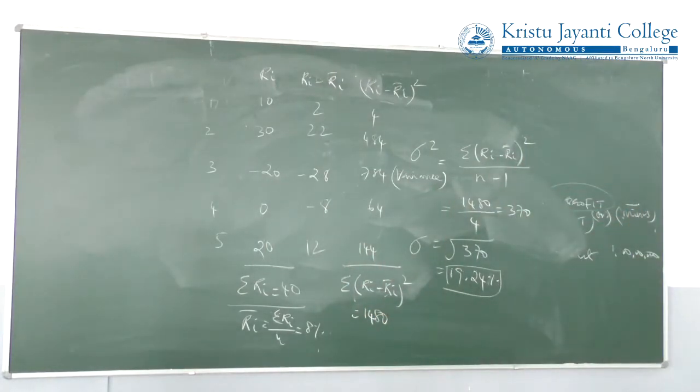Another measure we call it the coefficient of variation. Coefficient of variation shows the relationship between standard deviation and mean. CV, coefficient of variation. Relationship between standard deviation and mean. Okay?